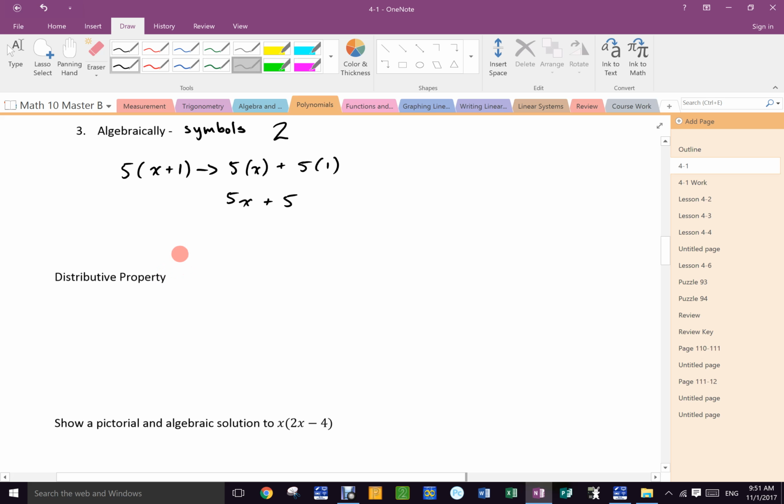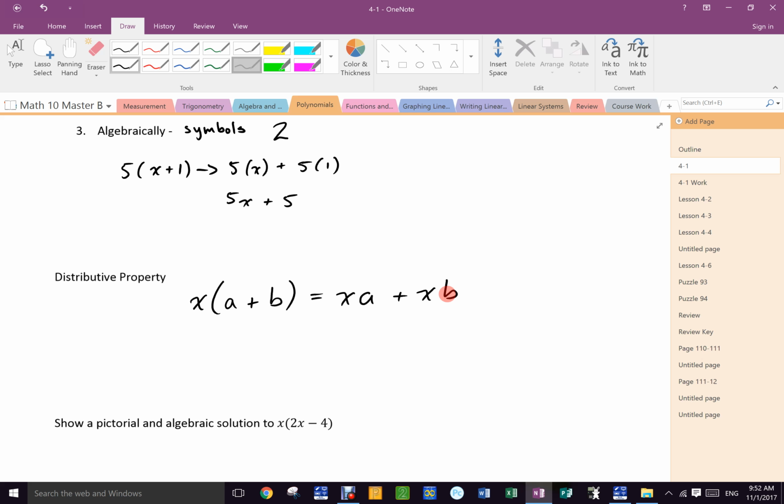Now, the shortcut to this is simply what you already know, the distributive property, which is this: x times a plus x times b. Now, the problem with this is every kid understands it when you write it this way.